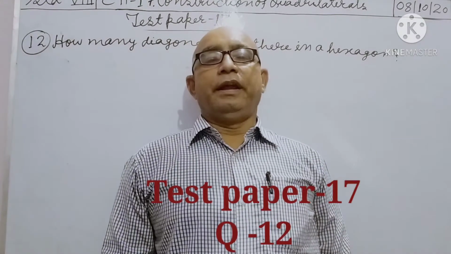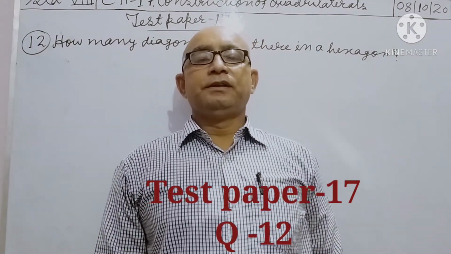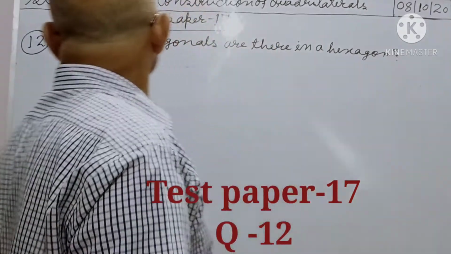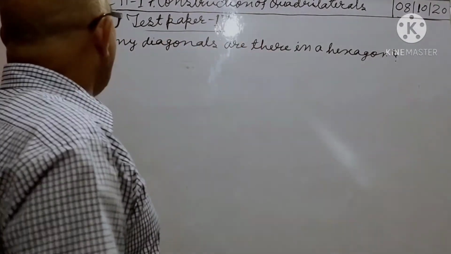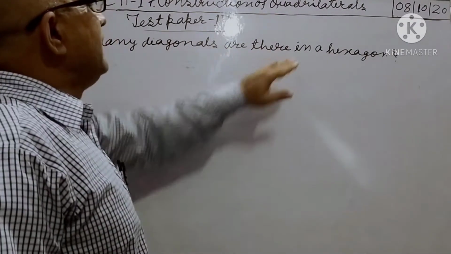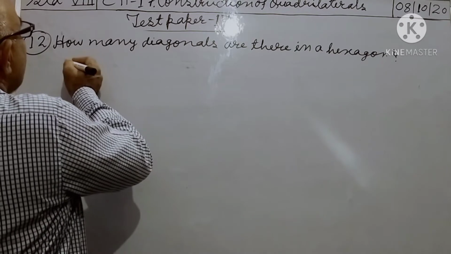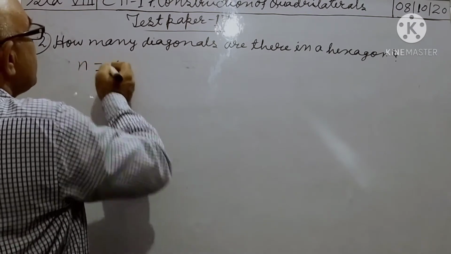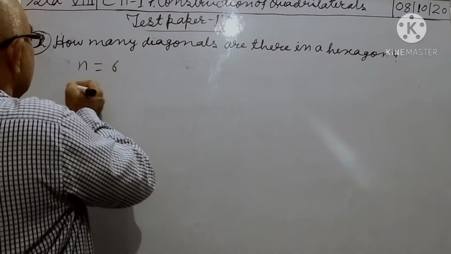Students, next question is question number 12 of test paper 17. How many diagonals are there in a hexagon? So, let the number of sides be n. n equals 6. A hexagon has 6 sides.